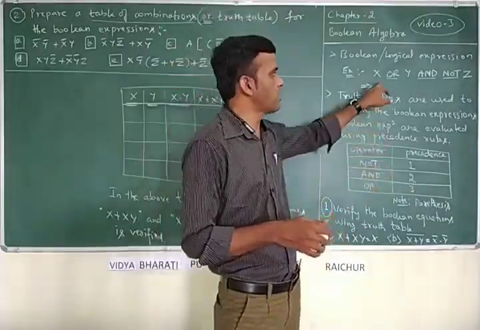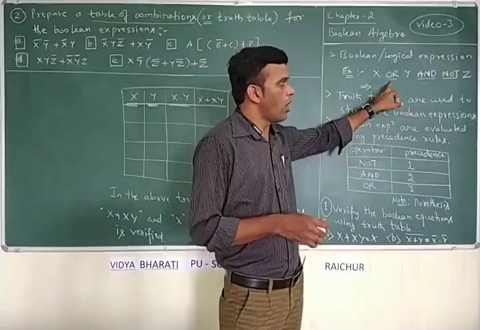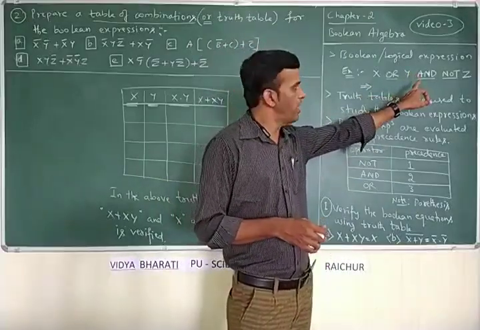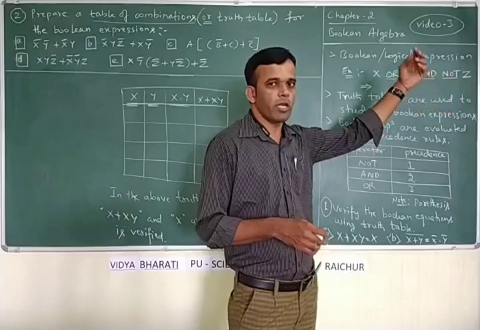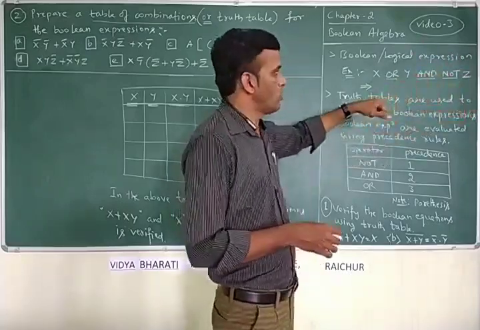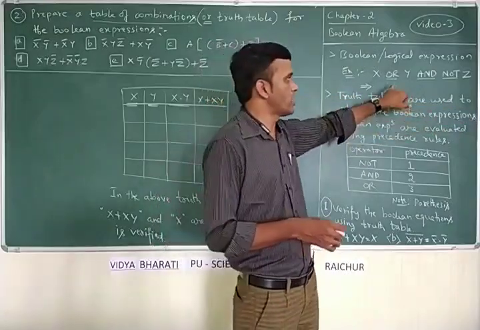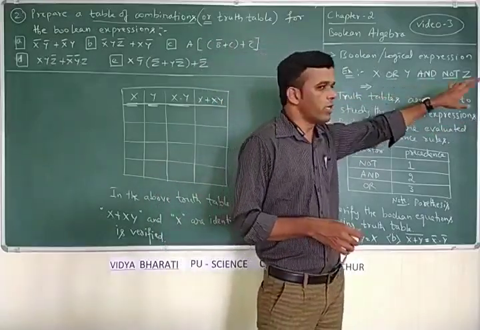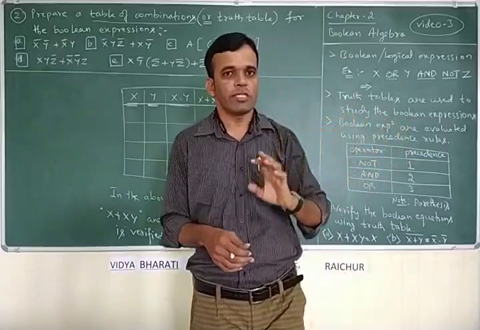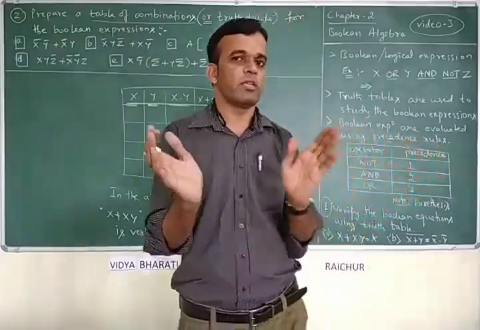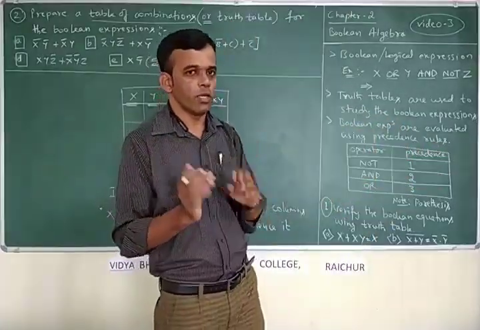Here I have written an example: x, OR operator, variable y, AND operator, NOT operator, and z. In the last class we came to know that it is not necessary to write the words; we can use the symbols also, so that the expression will look simple.